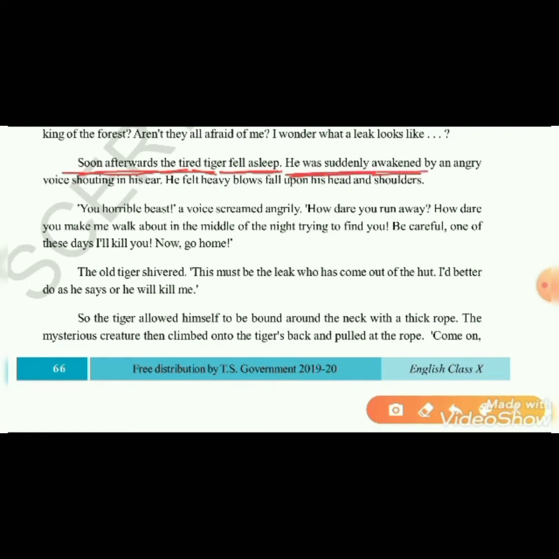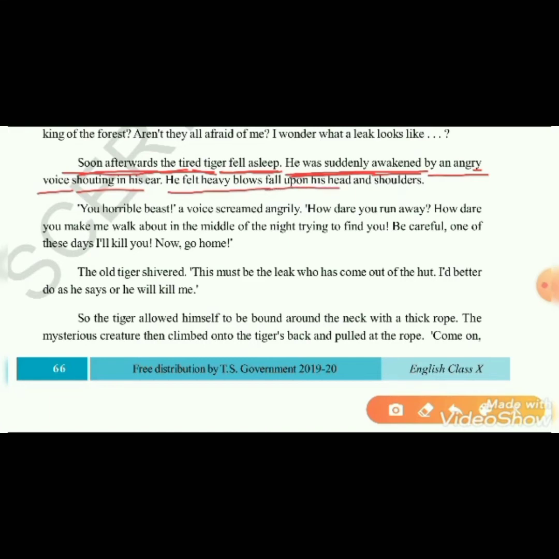He was suddenly awakened by an angry voice shouting in his ear. He felt heavy blows fall upon his head and shoulders. As he fell asleep, he felt something heavy. There was a strong voice shouting in his ear, and at the same time, some blows fell upon his back. Somebody was shouting in his ear very powerfully, and also beating the tiger.